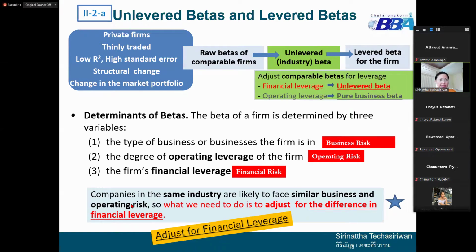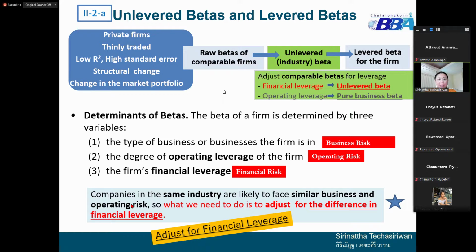Or if there is a change in the market portfolio mix, if the mix of sectors that contribute to the market portfolio changes, we need to estimate a new beta based on other companies.